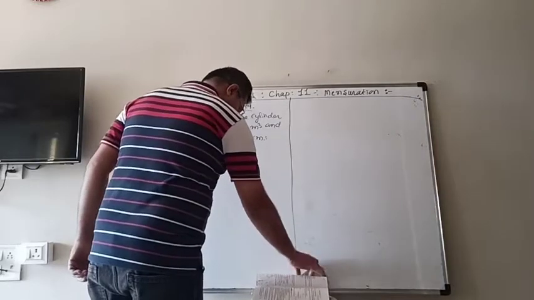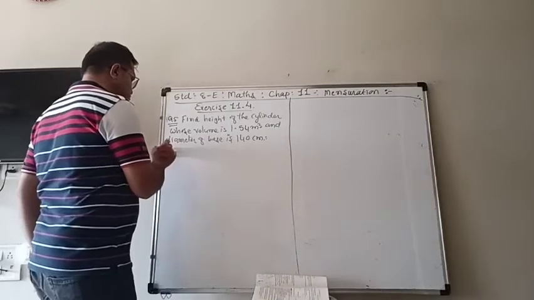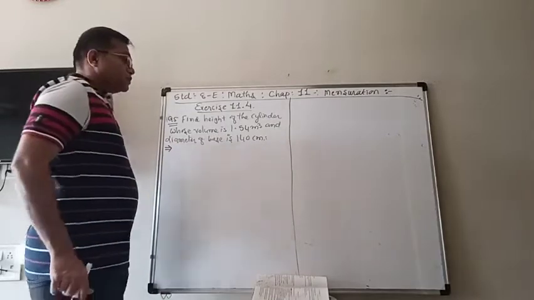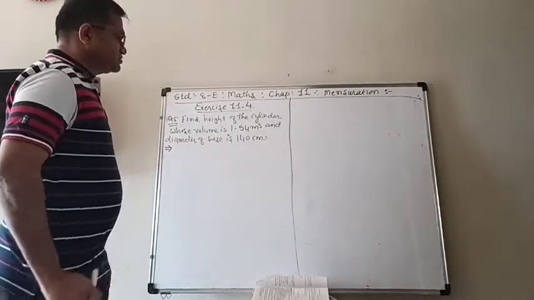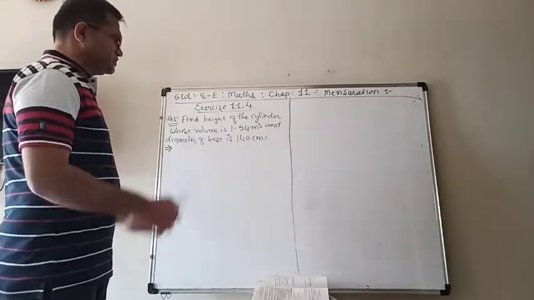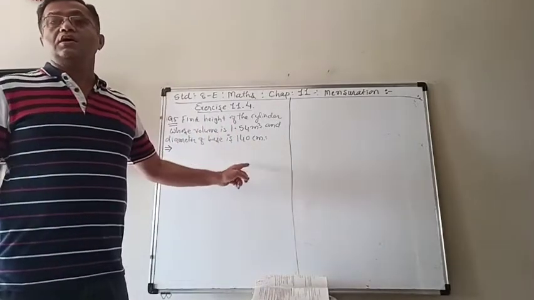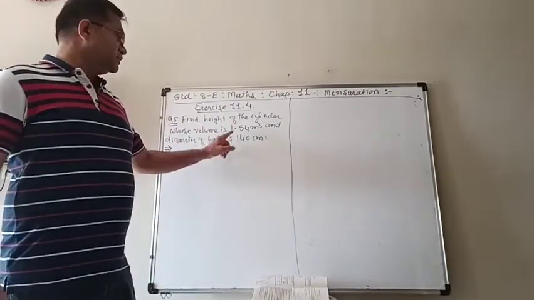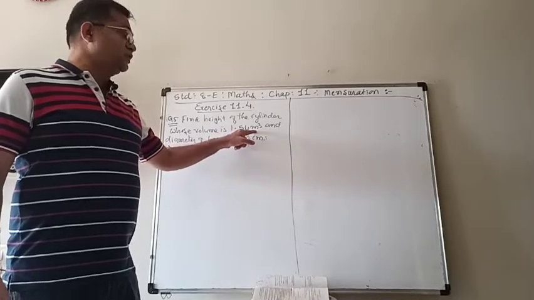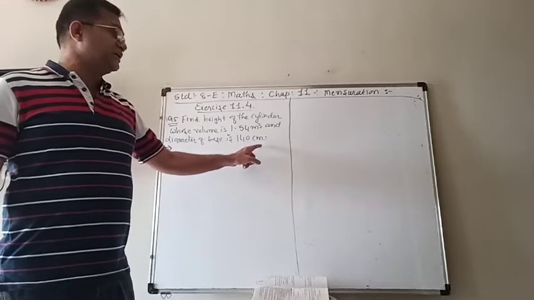Here, a most important thing to be observed. I hope you notice it, because generally sometimes students don't notice that minor change. Look here, the volume is given in the unit meter cube, but the diameter is in centimeter.